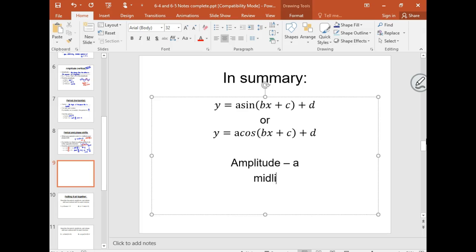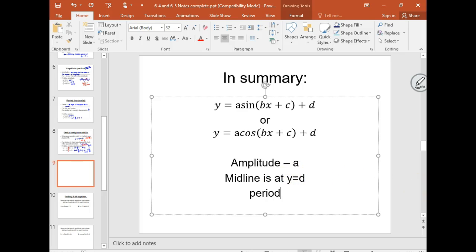The midline is that line that runs through the middle of the graph. So it's going to change when we move the graph up or down. The midline is a horizontal line, so we call it y equals. What letter would it equal if we were looking at either one of these? D. So that number added on the end is your midline.